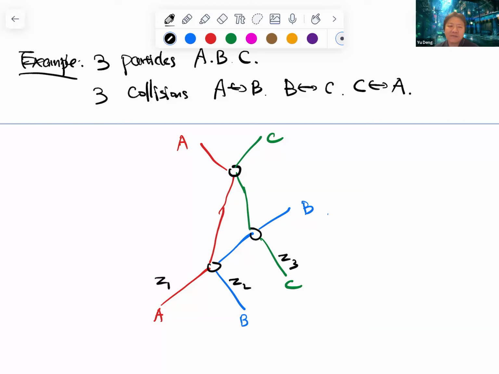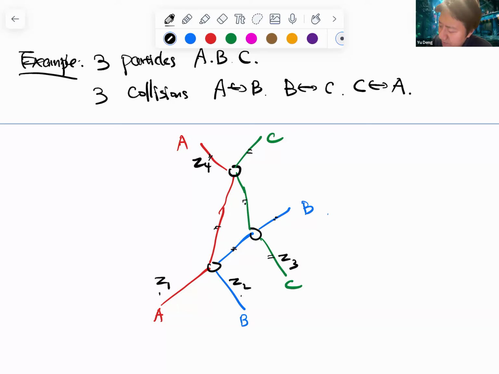So these are the free variables that can be chosen freely. Once these are fixed, all the remaining variables are fixed, because if Z1, Z2 are fixed, then you have a unique collision that determines the velocities of this, and then Z3 is fixed, which uniquely determines the velocities of this and this, and finally this determines the velocities of this and this.